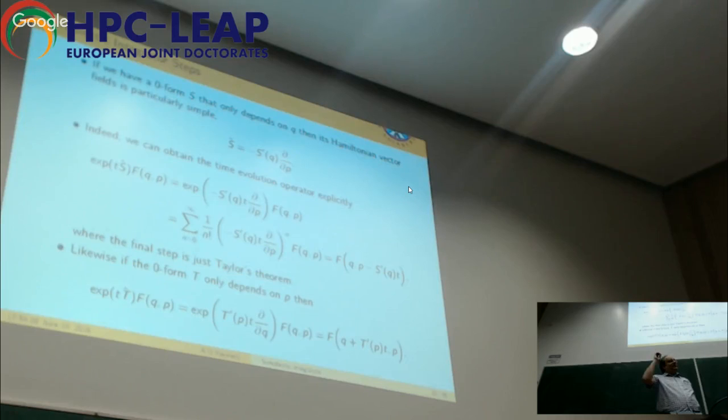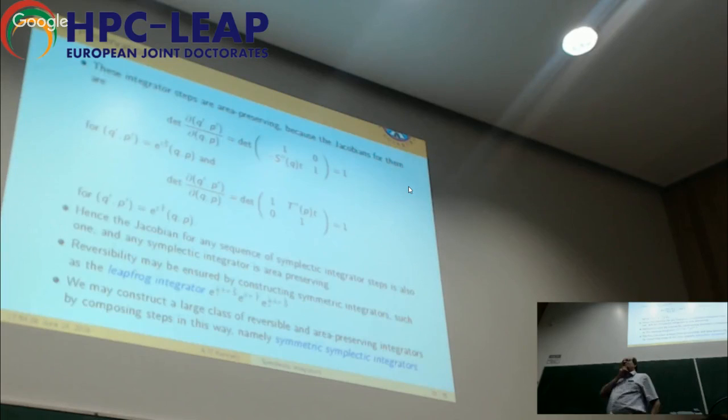So you can see where that comes from, except in the case of e to the t H hat, since H hat depends on both q and p, I can't explicitly write down the integrator. But nevertheless, formally, e to the t H hat would be something that follows the classical trajectory, that is the integral curve of the Hamiltonian vector field. H hat is the Hamiltonian vector field, so exponentiating that vector field is formally what gives us the integral curves.